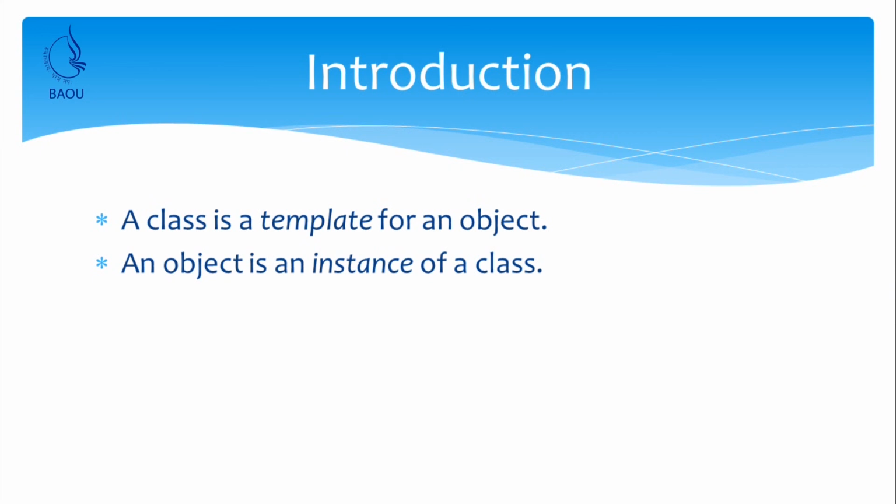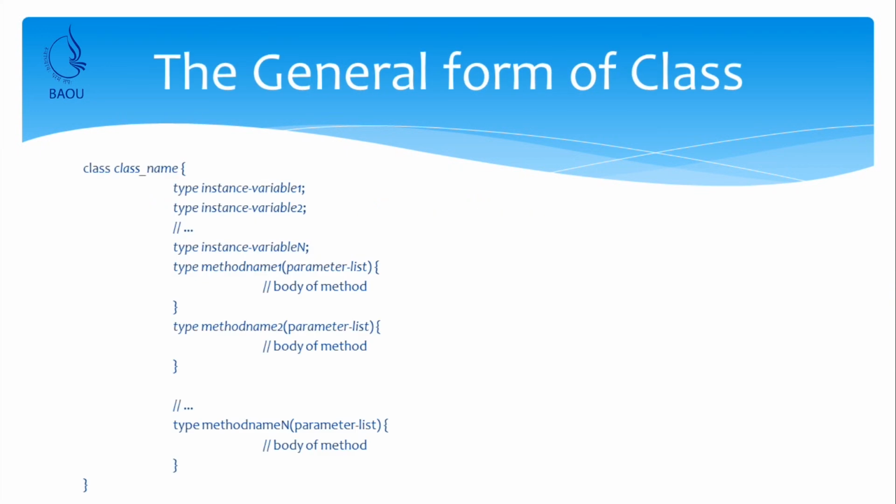For example, fruit has different properties like aroma, shape, size, color, taste, etc. So, all these common properties or common attributes are defined inside class, and whenever we create an object from this class, it is known as an instance of that class or an object. So, class is a template and object is an instance of class.